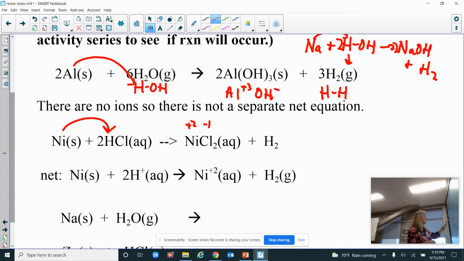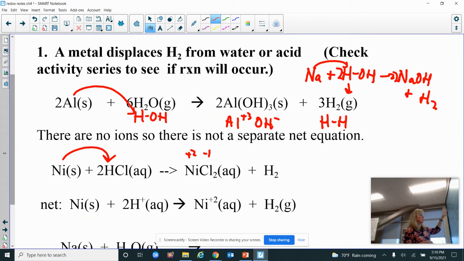In this first equation here, aluminum solid with water as a gas, or if it's water as a liquid, either way, water doesn't split up in an equation into ions. And then this aluminum hydroxide that's formed is a solid, so there's no ions splitting up, and then it's gas. So there is no ionic equation for that first one because we have all solids and gases.